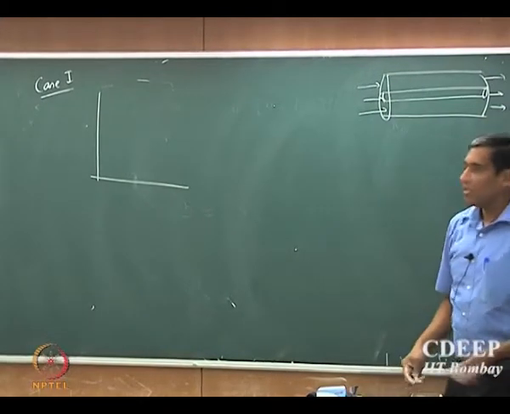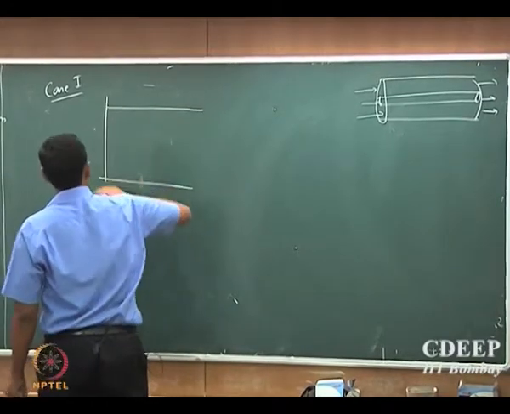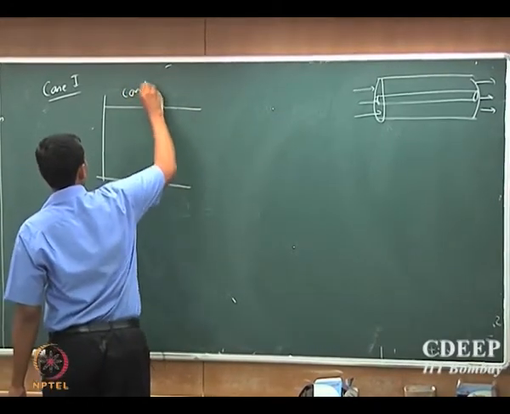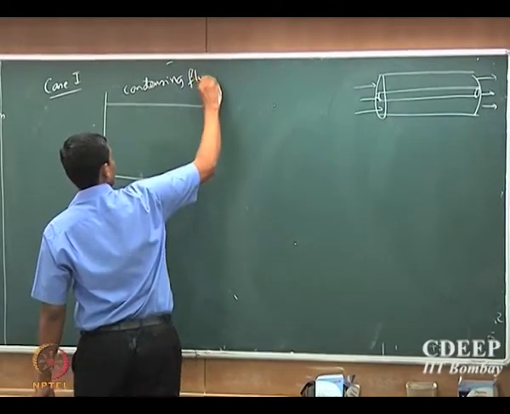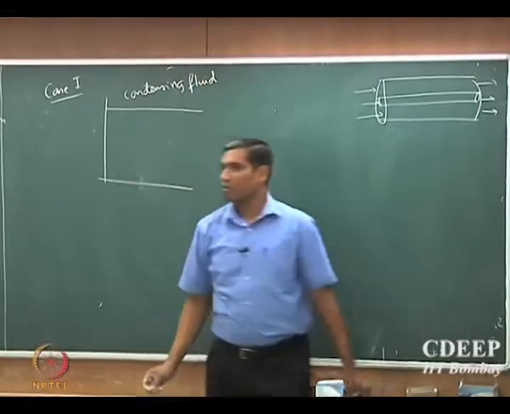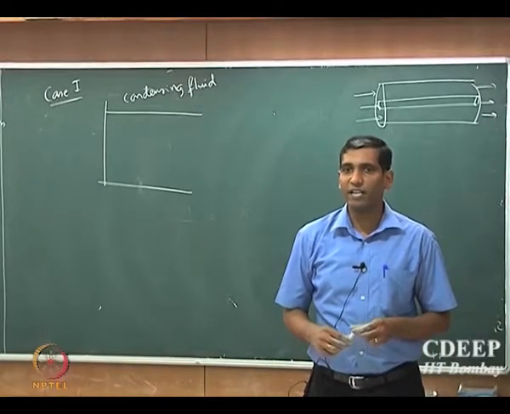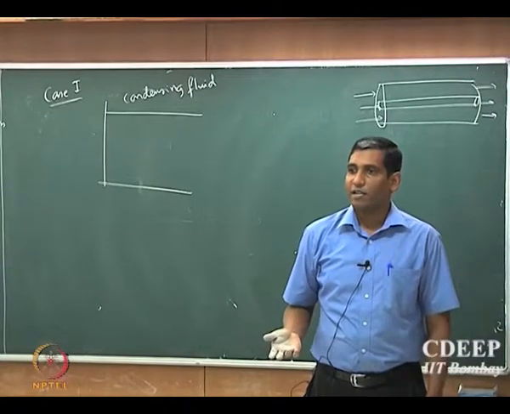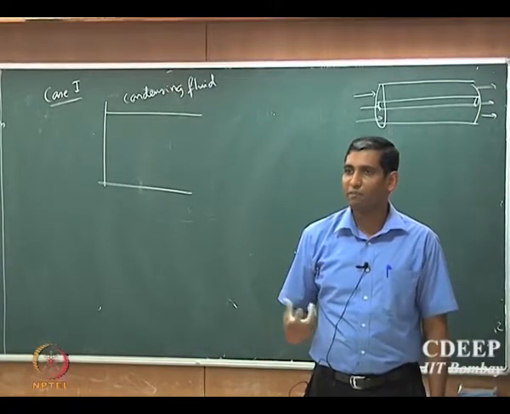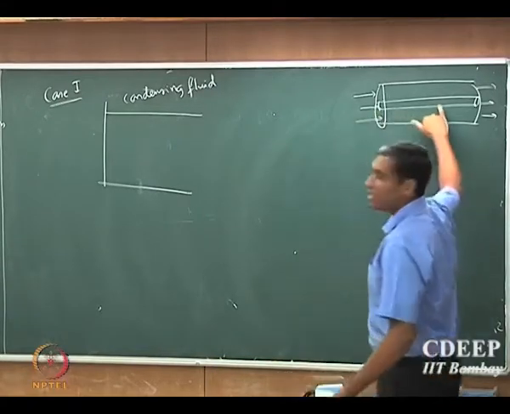and you could always have a hot fluid, which is basically a condensing fluid. The temperature of the fluid inside the heat exchanger will remain approximately constant, because it's the latent heat which is being used to heat up the fluid flowing through the internal tube.